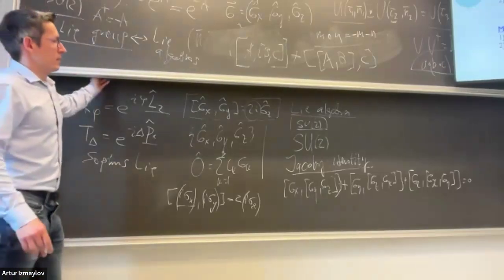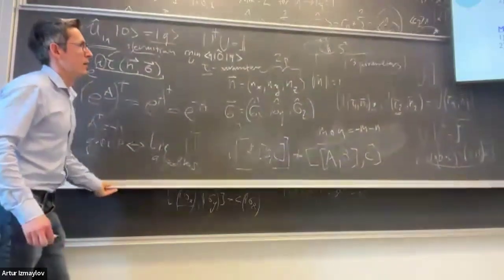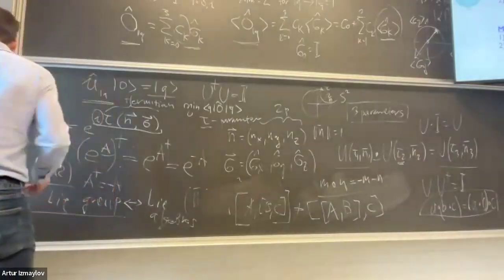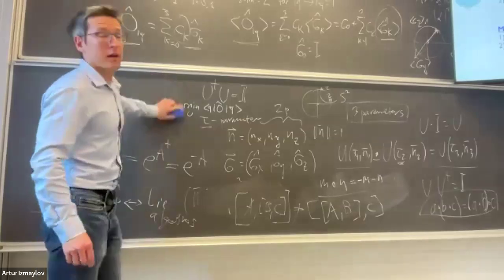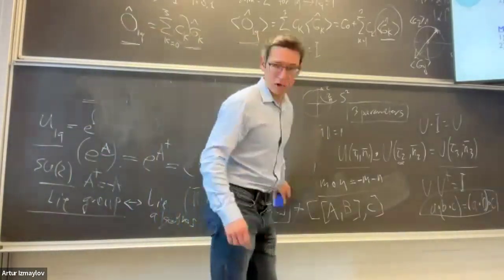And now we could talk a little bit more about the more interesting case of multiple qubits. While I'm doing this, if you have any questions, please ask. People online as well.